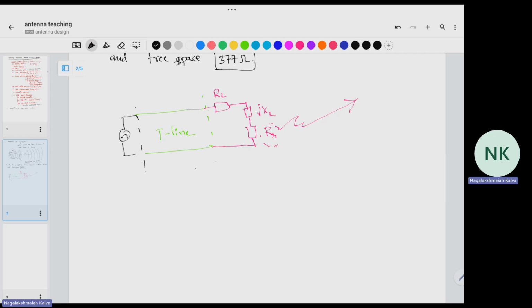So this RL represents losses due to conductor or dielectric, whatever we are using in designing the antenna, and losses due to impedance mismatch.